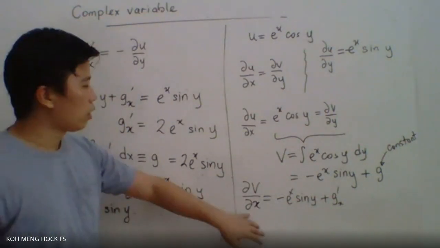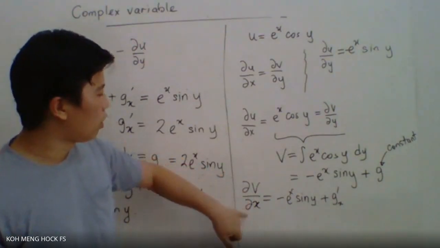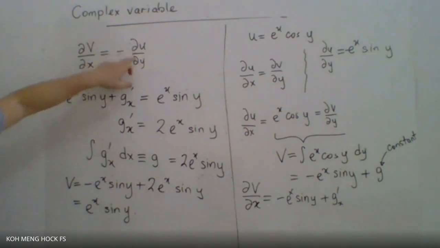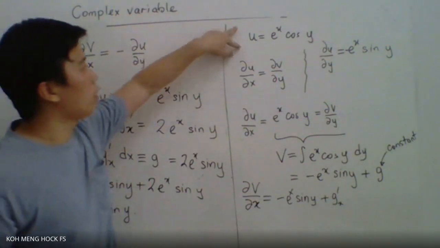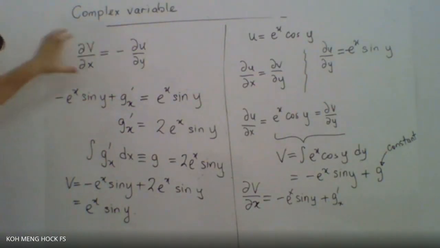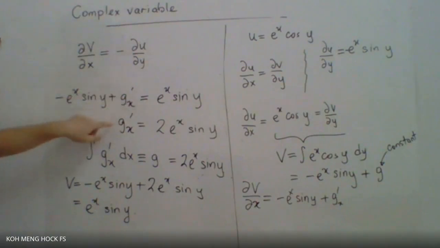So now you use the second condition again. Then you equate this with negative of du/dy. du/dy you can find because you are given this function. So now you just plug in these terms, and you find g'(x).